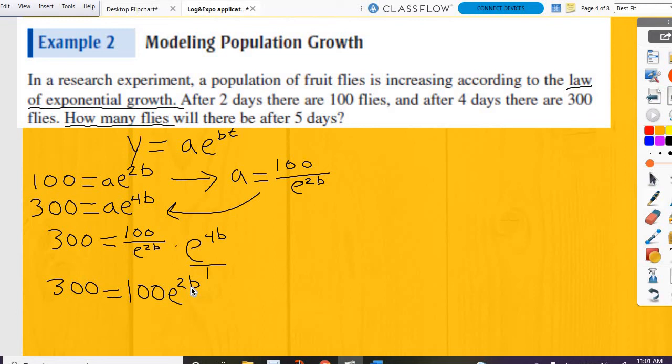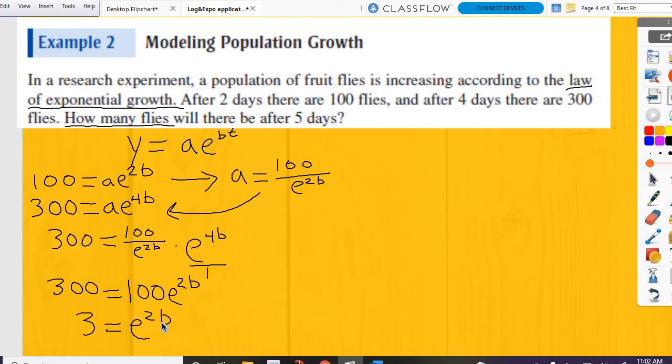So we end up with that. Which, from there, it's basically like any of the other equations that we've been dealing with. Agreed? So what do we want to do? What's our first step? Isolate your exponential. So what do we need to do first? Divide by 100. So we get that 3 equals e to the 2B.